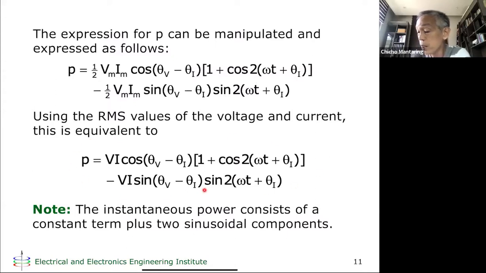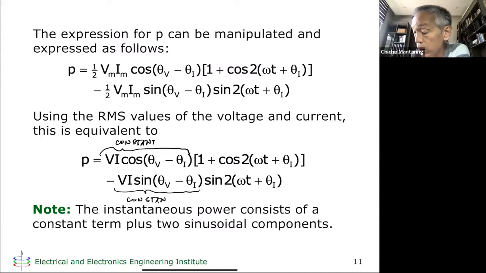Okay. Notice that we have 3 terms here, no? So this is a constant. This is a constant. This is also a constant. That constant meaning it does not change with time.